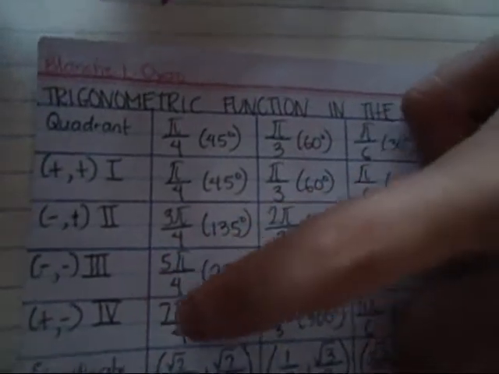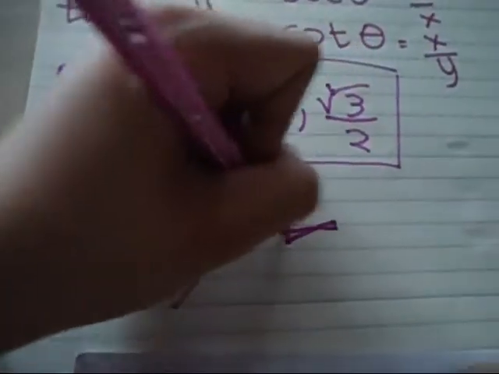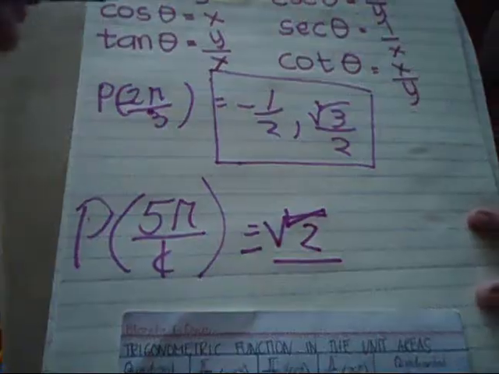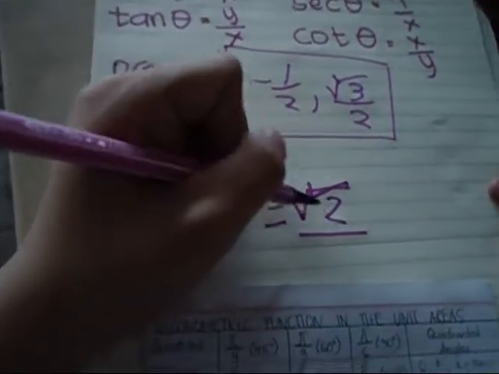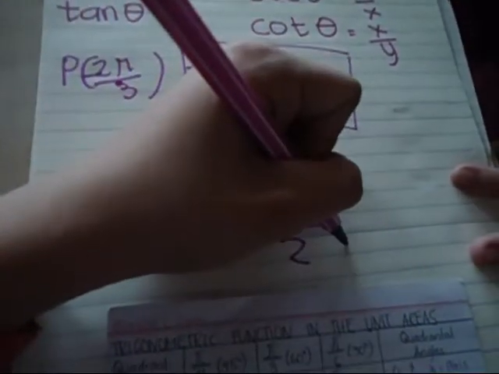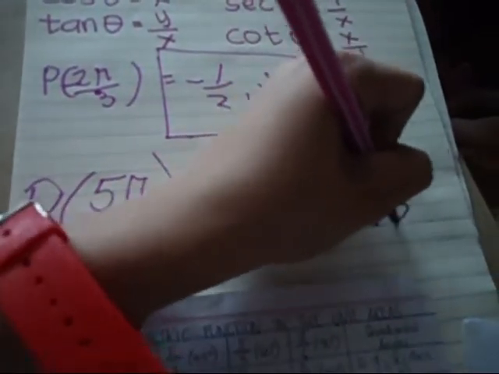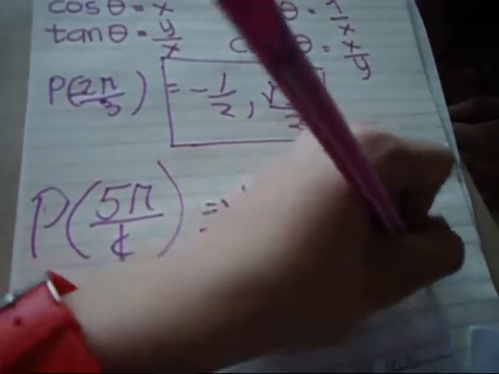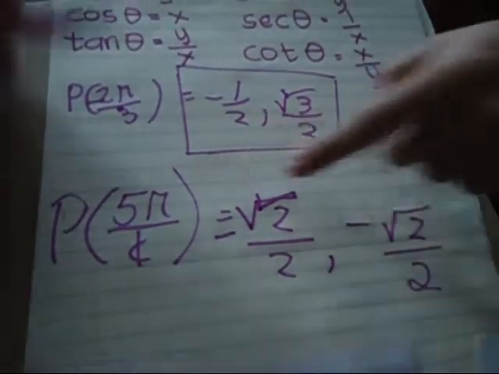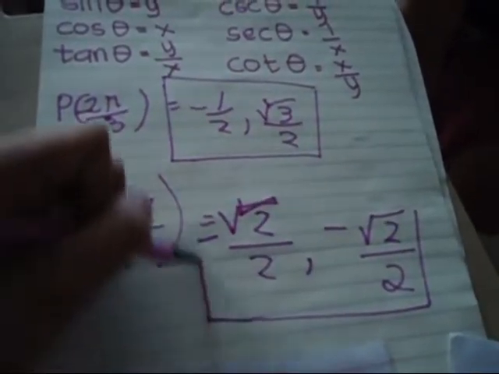So both are negative: negative square root of 2 over 2 and negative square root of 2 over 2. And this is already the final answer.